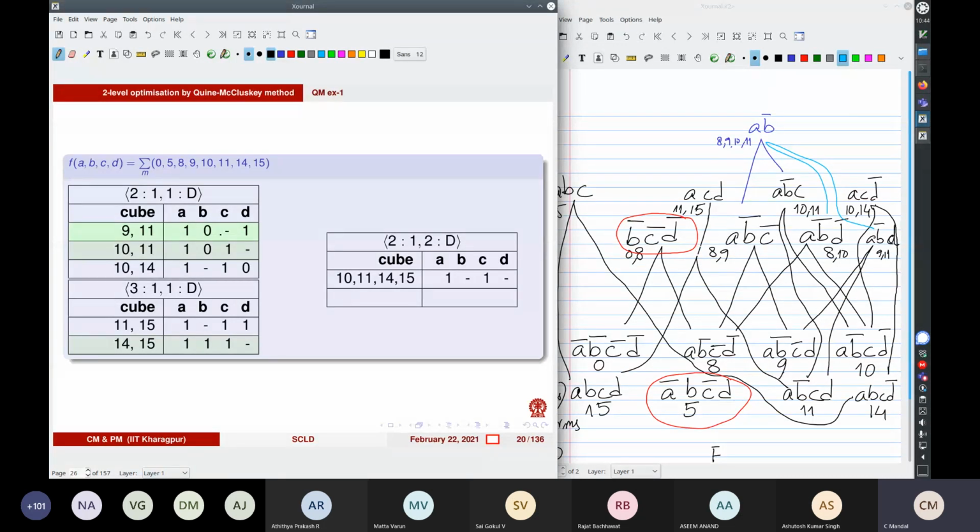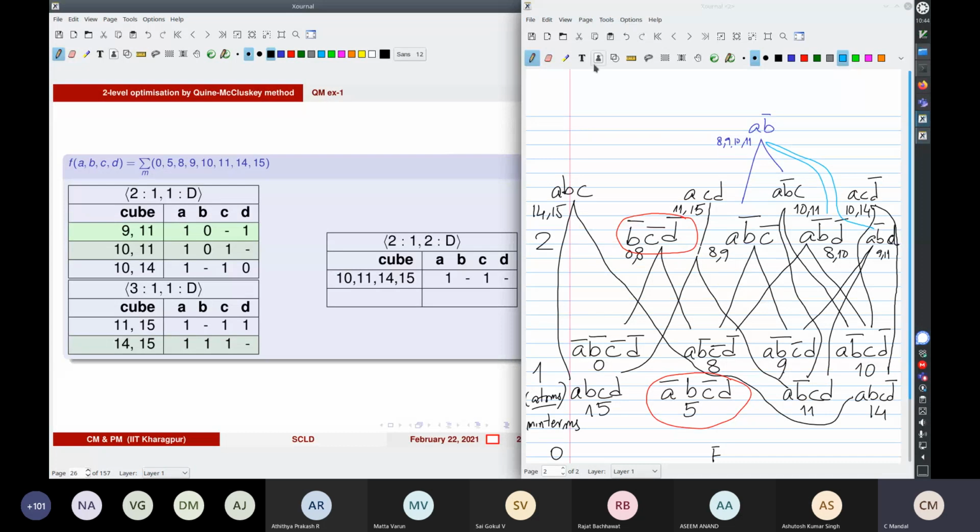This one, 9, 11, will not combine with anything because here we don't have any cube with a don't care in this position. Here 10, 11 can combine with 14, 15. So we'll get AC when you combine 10, 11 with 14, 15.